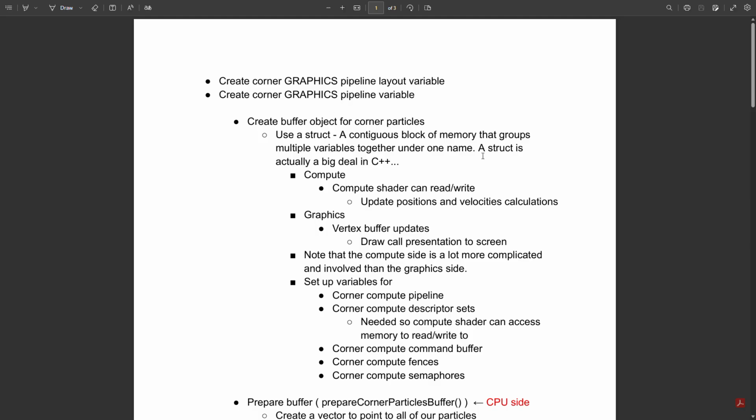So, even though a struct looks simple and it's something that everyone likes to gloss over and take for granted, a struct is actually very, very important in C++. There are a lot of nuanced things and implicit things in a struct that are very important.